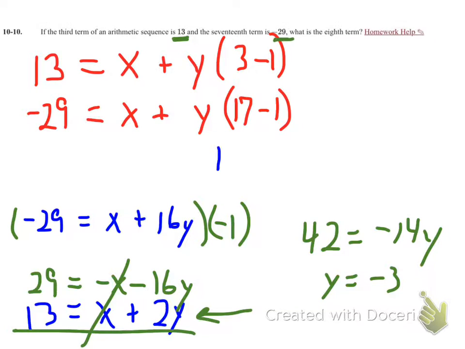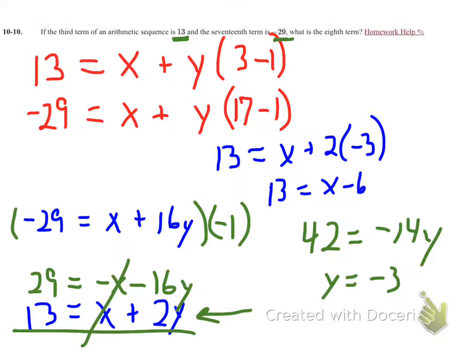So I have 13 equals my starting value, or my first term rather, plus 2 times negative 3. So I get 13 equals x minus 6, and x will equal 19. So I now know that my starting value, or the first term here, is 19, and I know my change is negative 3.